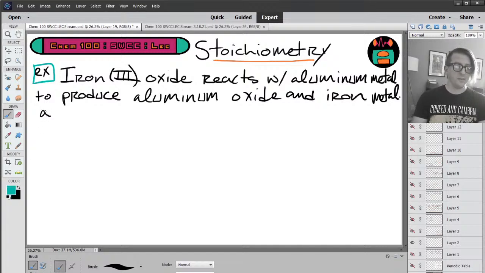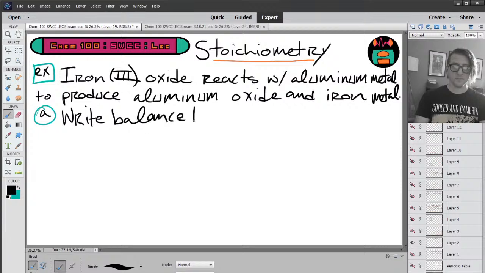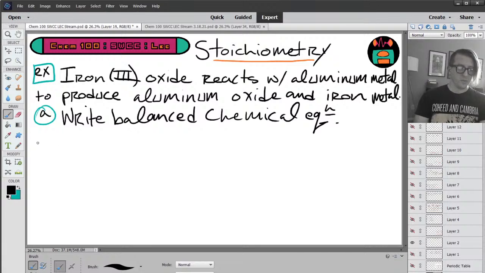Part A, write a balanced chemical equation for this reaction.